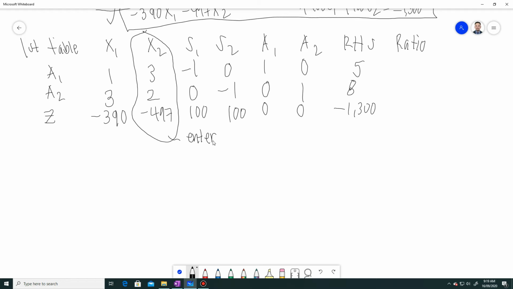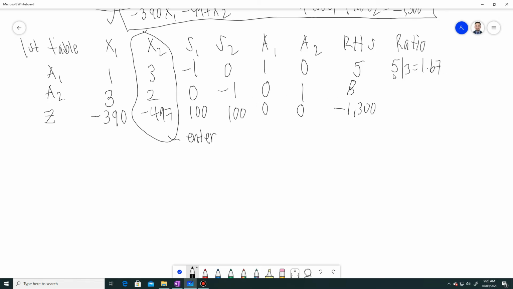And then for the leaving variable, we will solve for the ratio. The ratio formula is RHS divided by the intersectional element, which lies at the entering column. So we have 5 divided by 3, that is 1.67.